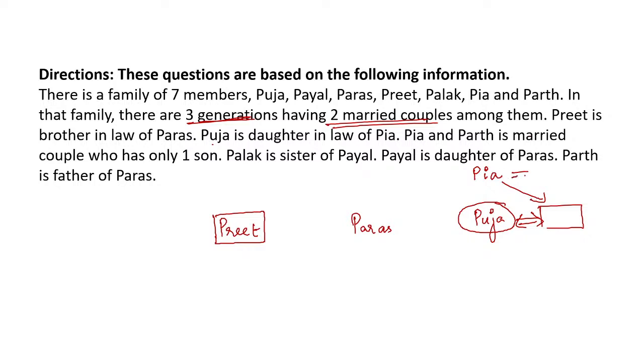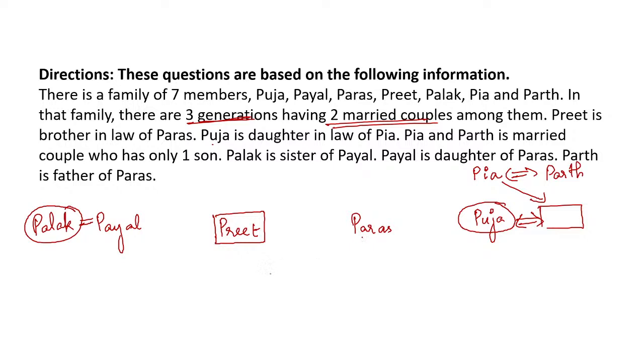Okay, Pia and Parth are married and they have only one son. Okay, Palak is the sister of Payal. Palak and Payal, both of them are siblings, where Palak is the sister. Okay, I'm just putting them individually so that we can combine it later. Payal is the daughter of Paras.